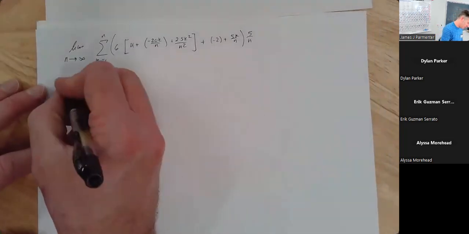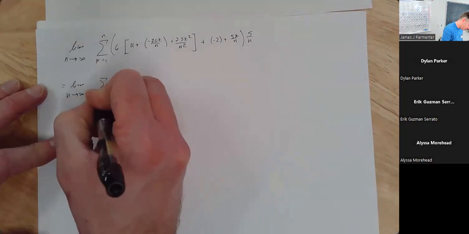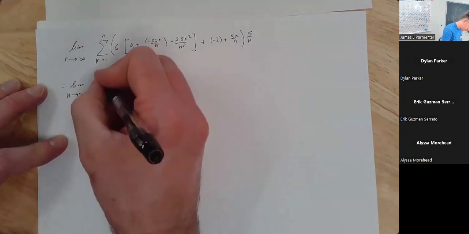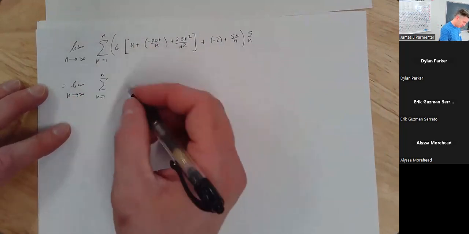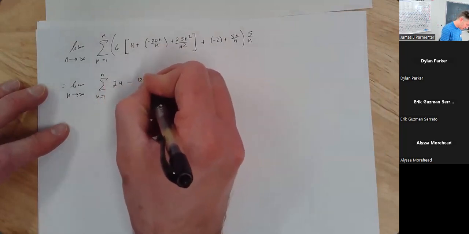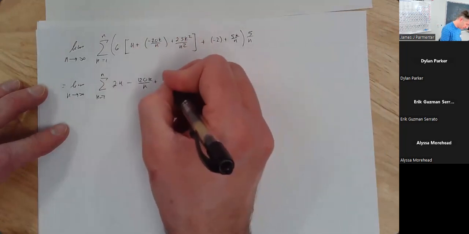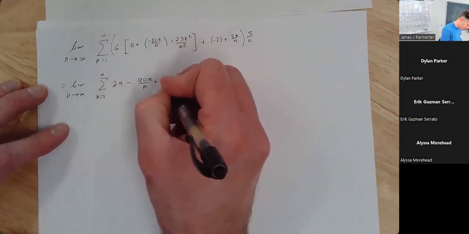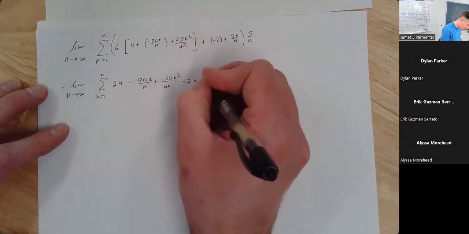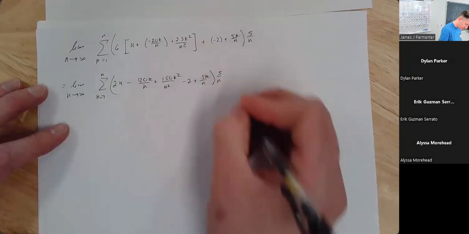So now we keep going. The limit as n goes to infinity of the sum from k equals 1 to n. I'm going to distribute my 6 here: 24 minus 120k over n plus 6 times 25, which is 150k squared over n squared, minus 2 plus 5k over n, all times 5 over n.